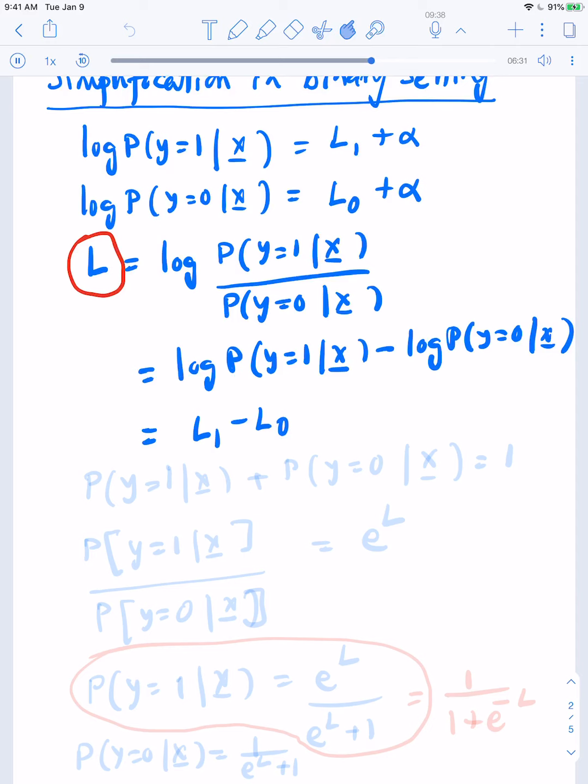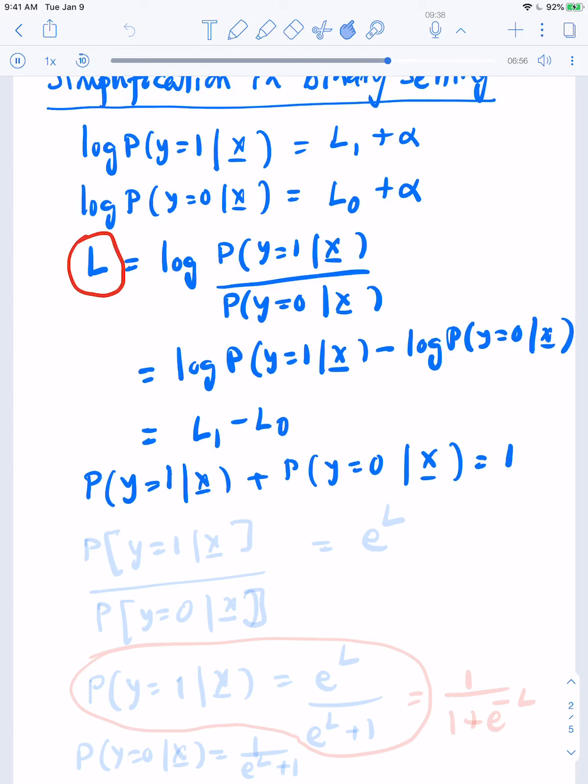And we can ask again, how do we get the raw posterior probabilities back from this? And of course, we have the following thing that must be satisfied: the probability of y equals 1 given x plus the probability of y equals 0 given x is 1.